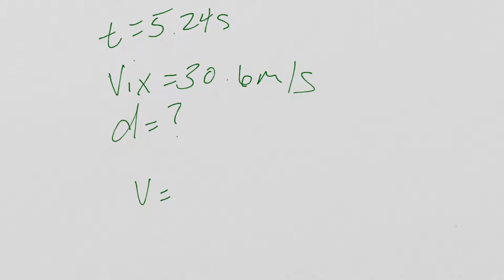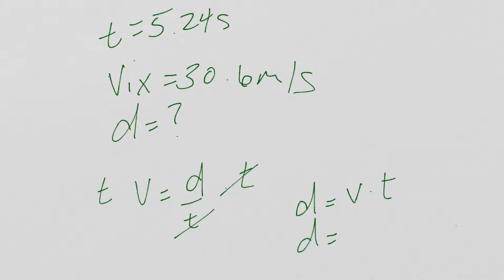So then we can do v equals d over t times t and solve for d. So d equals v times t. Distance is equal to 30.6 meters per second times 5.24 seconds, and we get a distance of 160.34 meters.